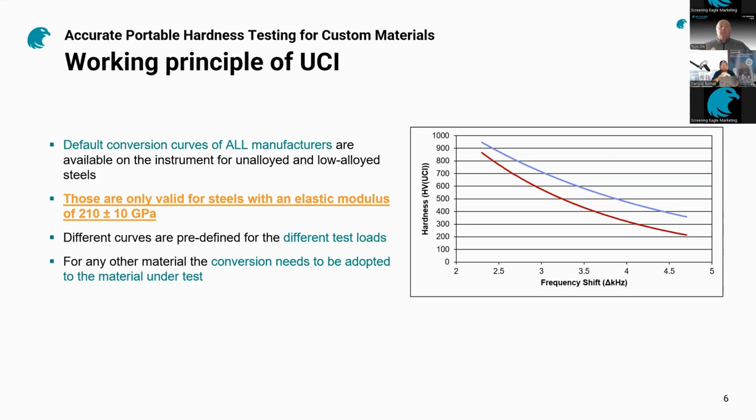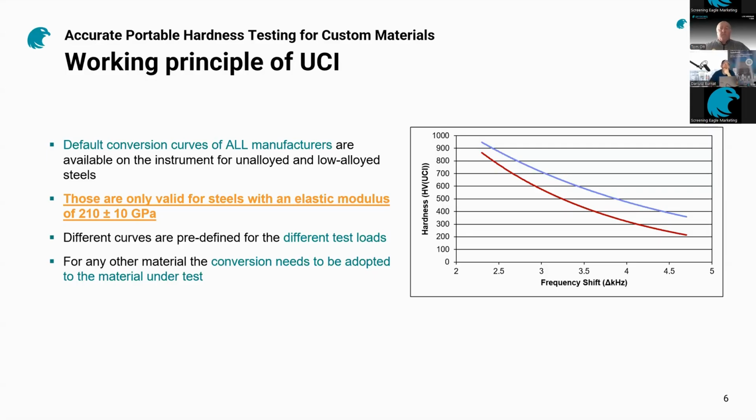Those curves are all built off of a low alloyed or unalloyed carbon steel that has an elastic modulus of 210 gigapascals. And this default calibration is generally valid within 10 gigapascals of that calibrated value. So now, as you go to start testing a different material, you need to take that into account.